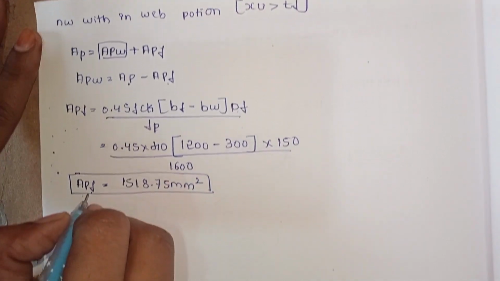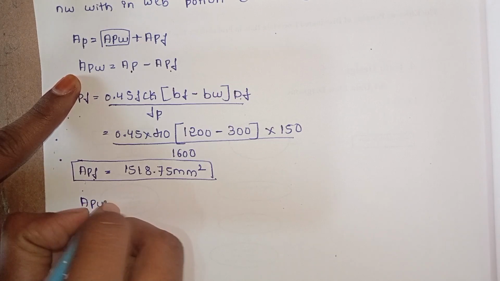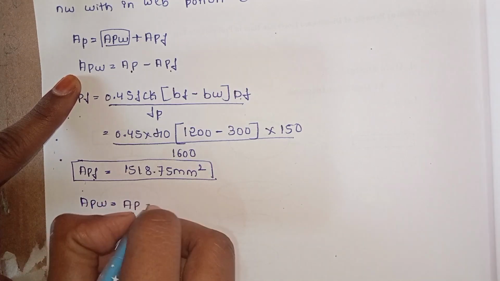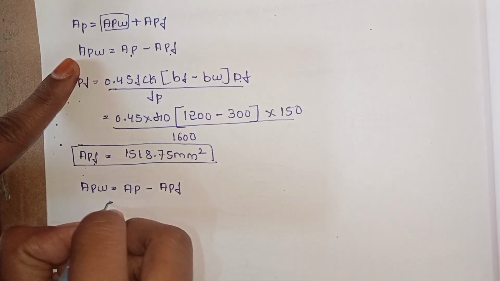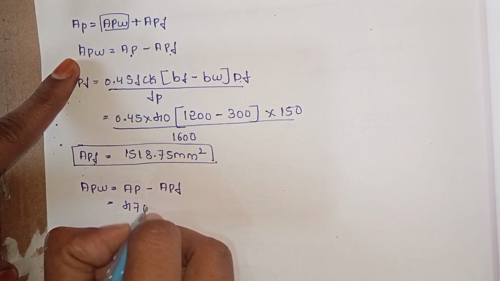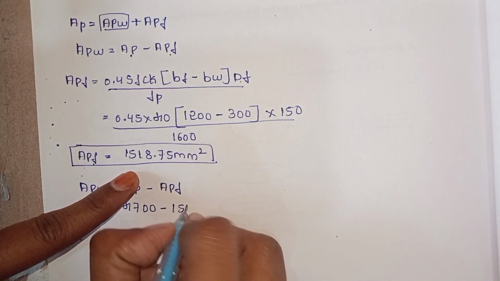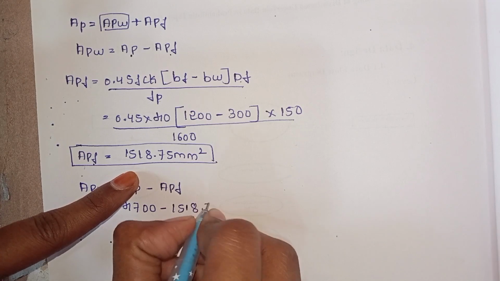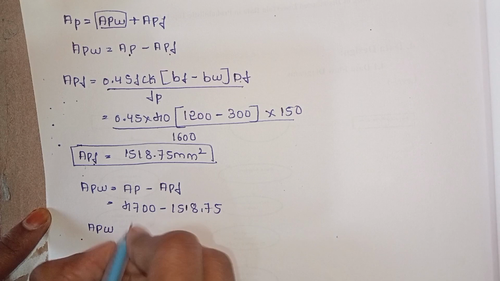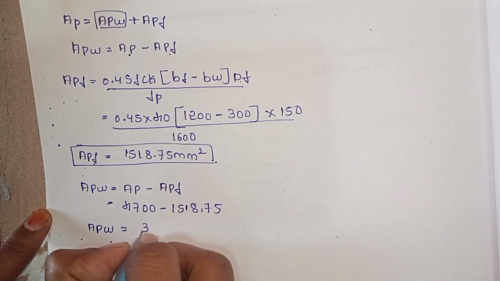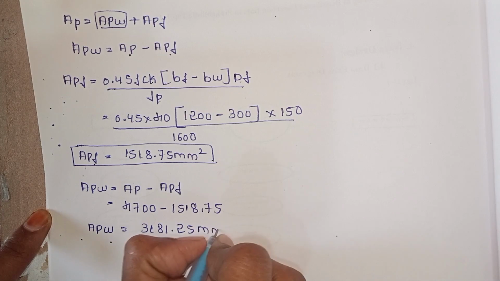Now we got the APF value. Okay, now find the APW. APW equal to AP minus APF. AP value is given in the question, 4700, minus APF value 1518.75. Now we got APW value as 3181.25 mm square.